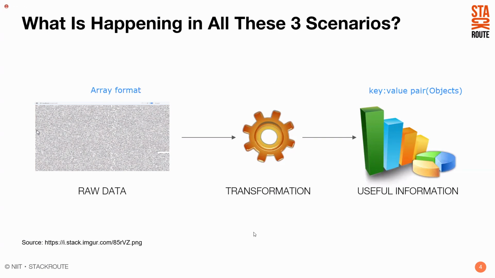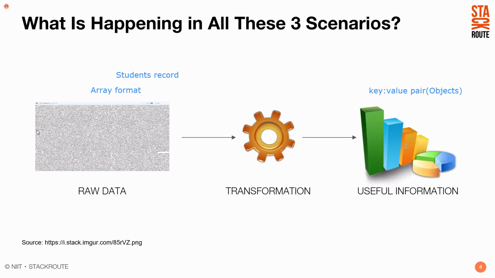So I am in JavaScript. I have my students' records, and I am maintaining all of them in the form of an array. But I want to store or send my students' records in the form of key value pairs. What do I need to do? Can I convert an array to an object directly? No. So I need to use the proper conversion function to convert one format of data into another. That process is called wrangling.